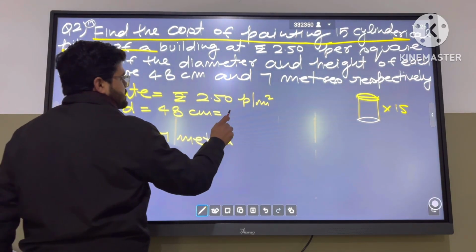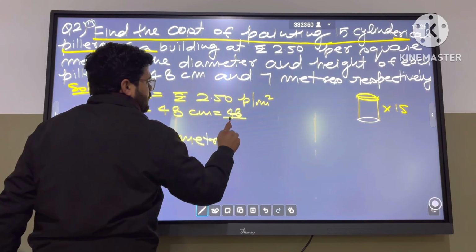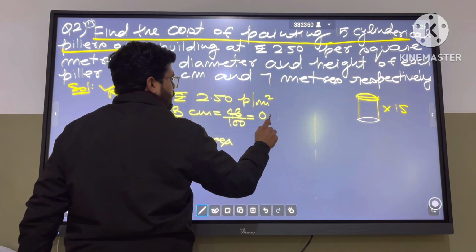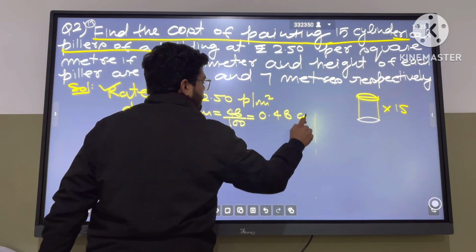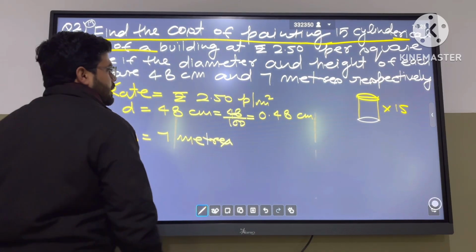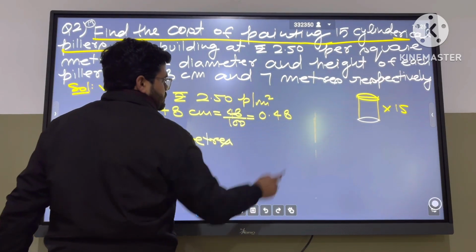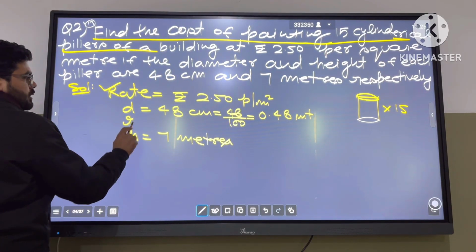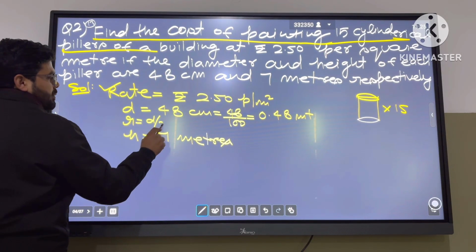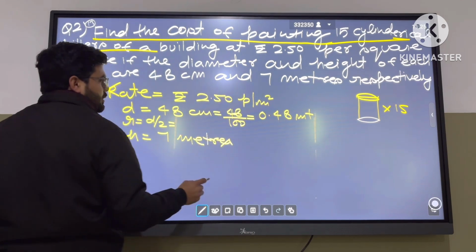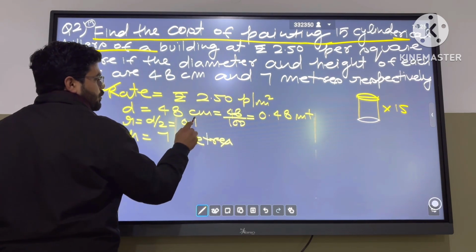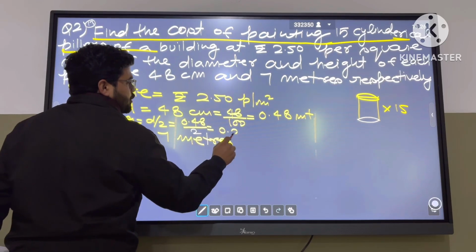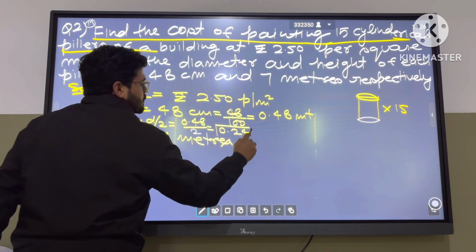So 48 is equal to 48 upon 100 is equal to 0.48 meter. The radius is always half of the diameter, so radius is equal to 0.48 upon 2 is equal to 0.24 meter.